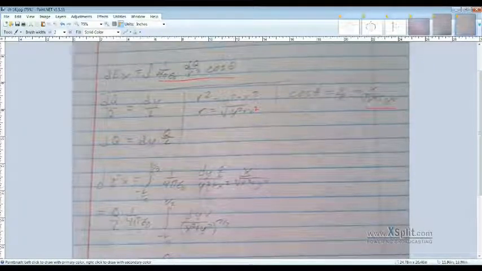We solved for r to be the square root of y squared plus x squared, and since it's squared, we won't have a square root. So the cosine of theta is x over the square root of x squared plus y squared.